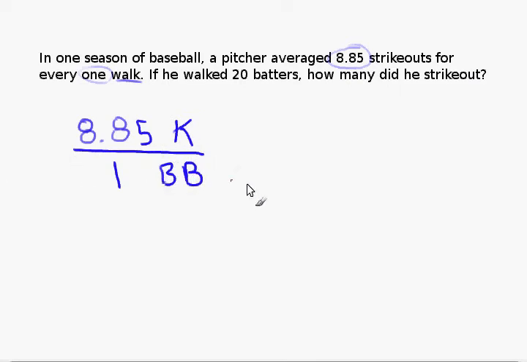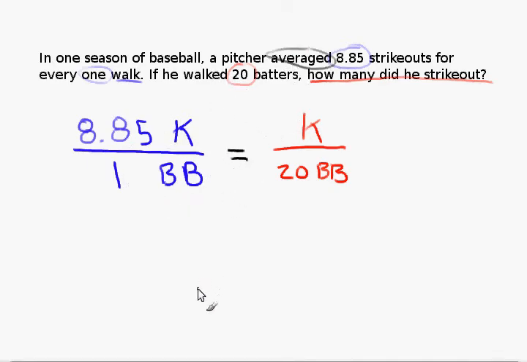Now we're going to do the same thing with the other side. He walked 20 batters, and walks goes in the denominator. And we're looking for how many did he strike out. So that goes in the strikeout portion. And since this is assumed to be proportionate, averaged, we can set up that equation. And we'll rewrite this like we did previously so that it looks a little bit cleaner, and we're just looking at what we want as the only letter.